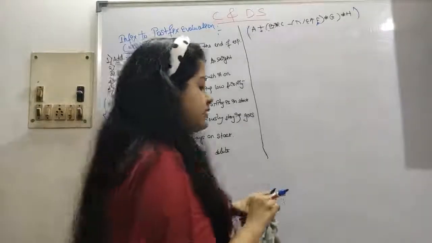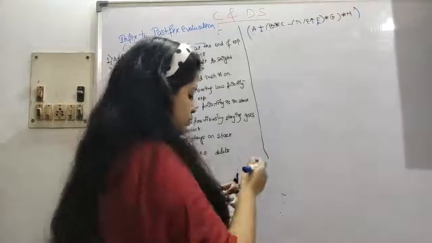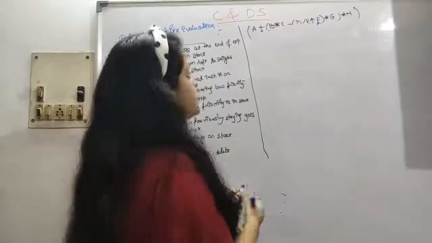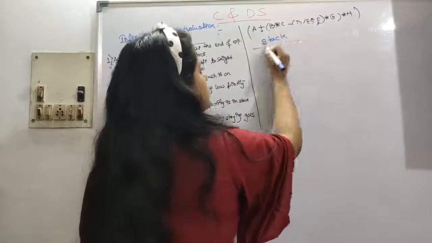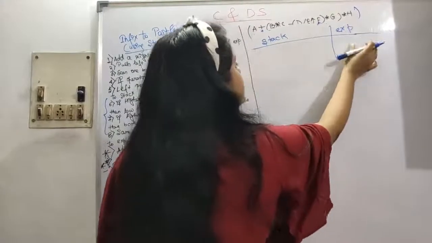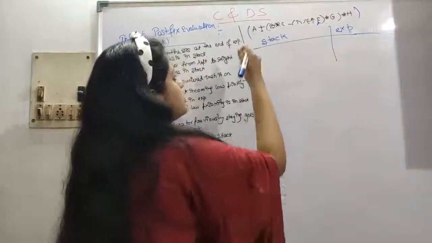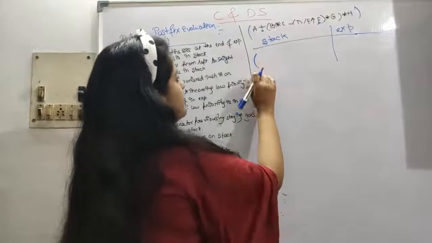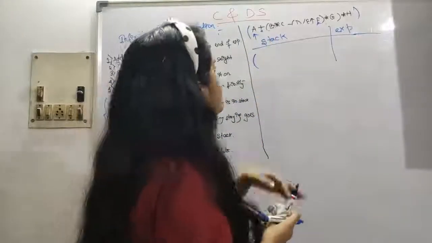Now let's see this example here. This is our infix expression, and we will convert it to postfix. This will be the stack, and the expression that gets evaluated will be written here, the final value. First put the open parenthesis here, and then we see an operand.